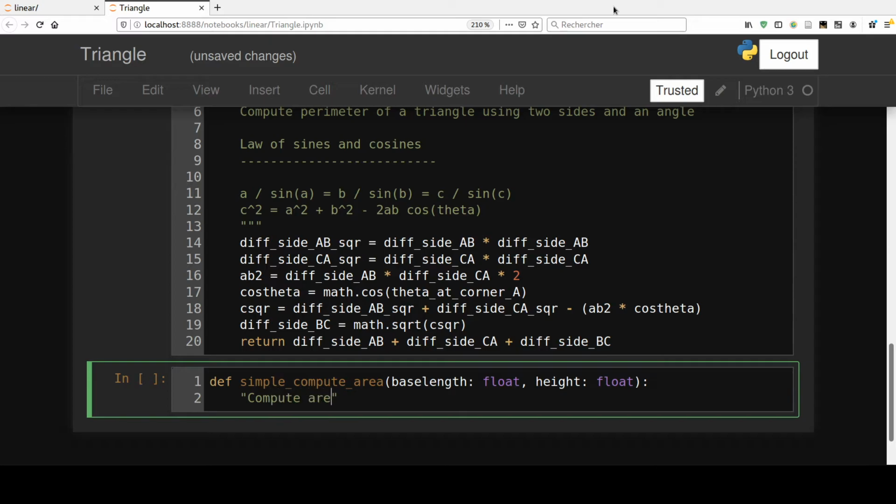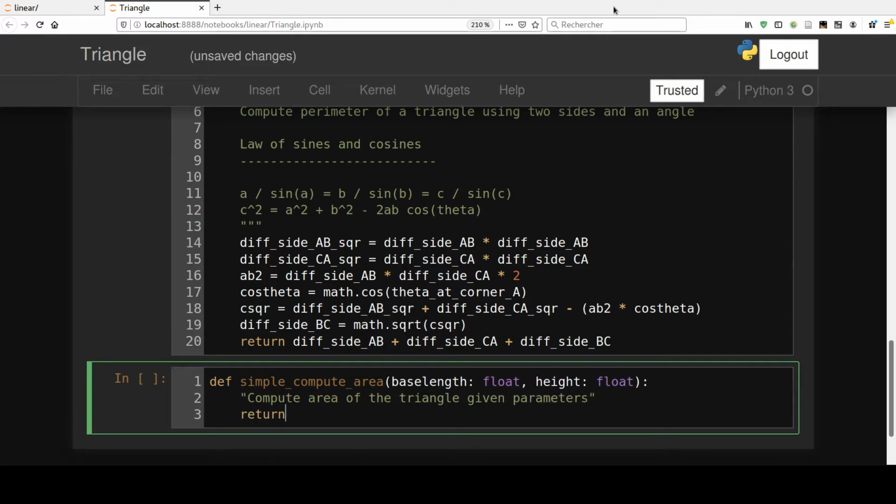Compute area of the triangle given base and height parameters, and the solution is 0.5 times base length times height.